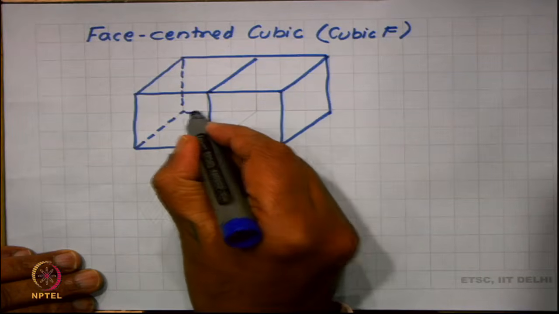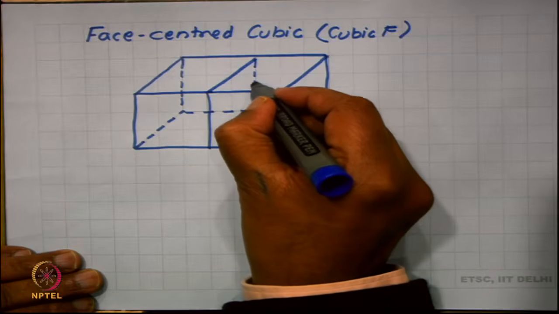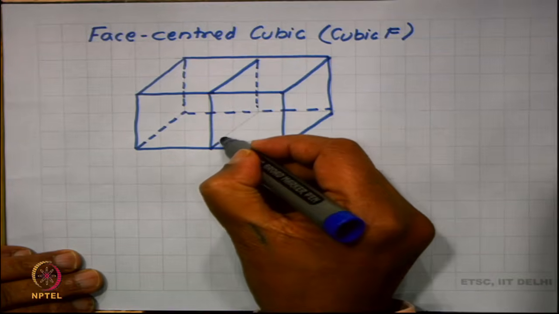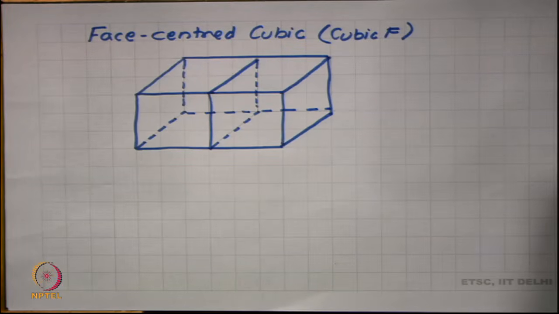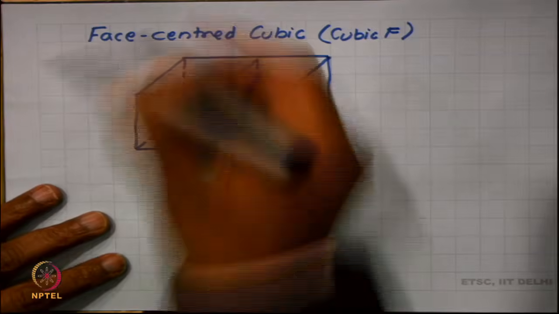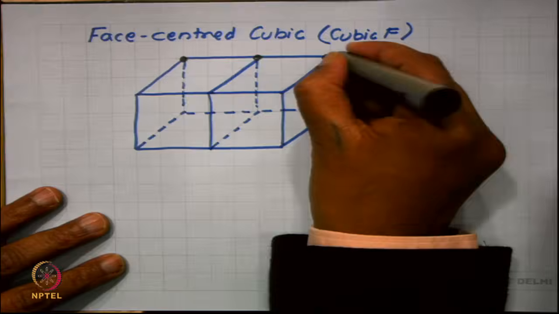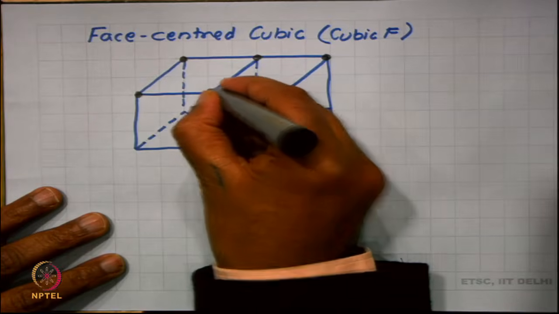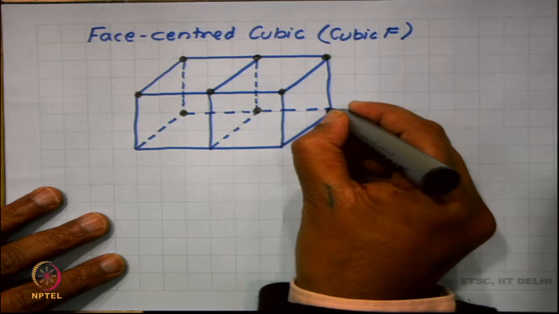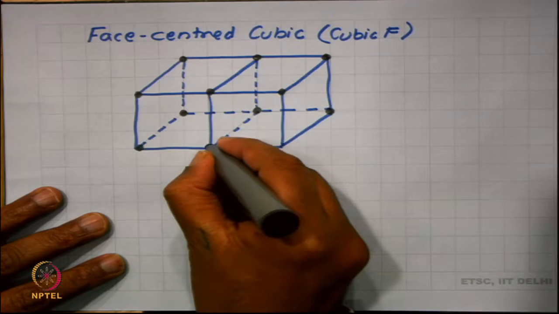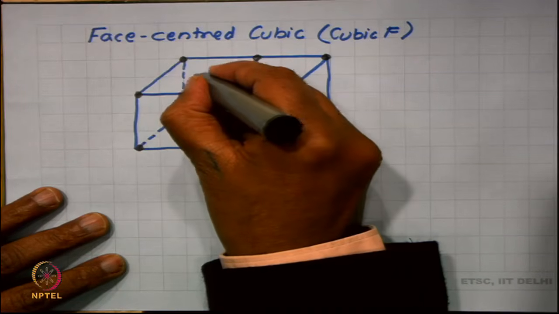Two face centered cubic unit cells with one common face. They are sharing this middle face, and since they are face centered cubic, let me place the lattice points at all corners. All the corners are lattice points, as well as I have to put lattice points at the centers.